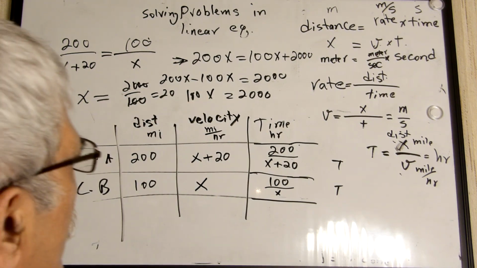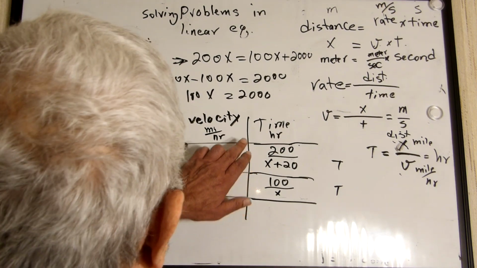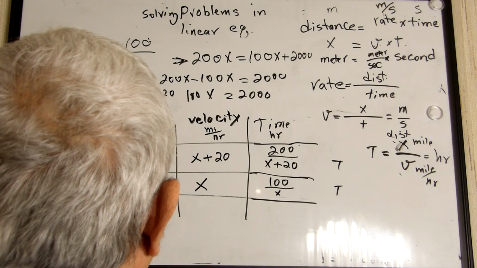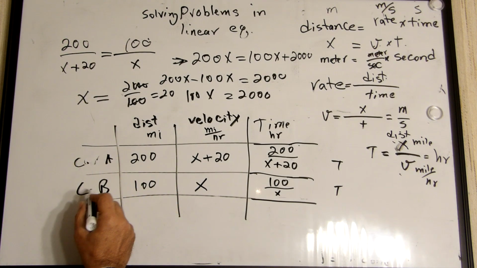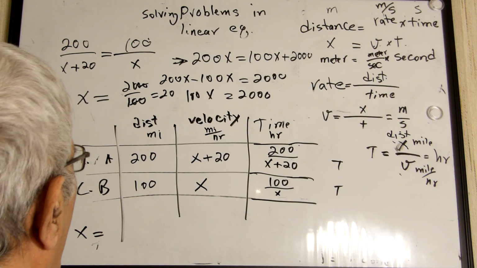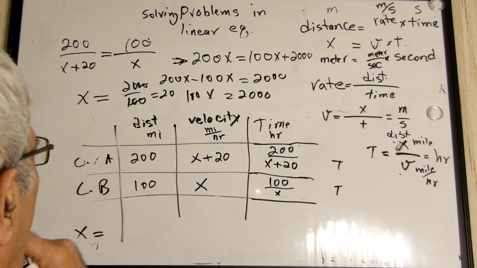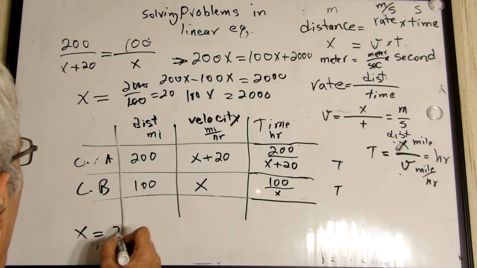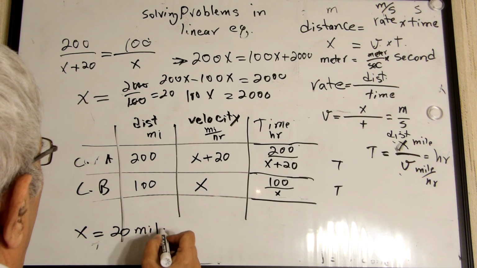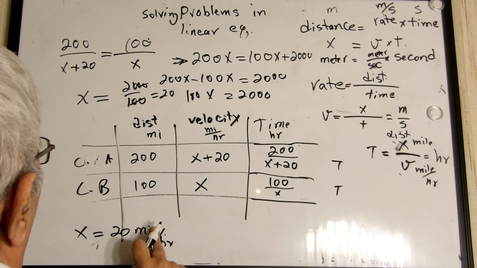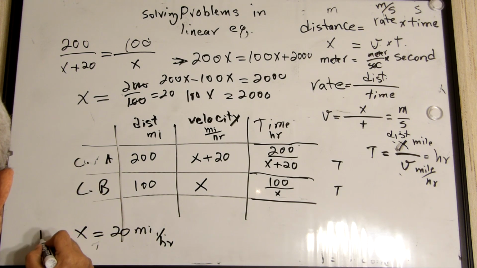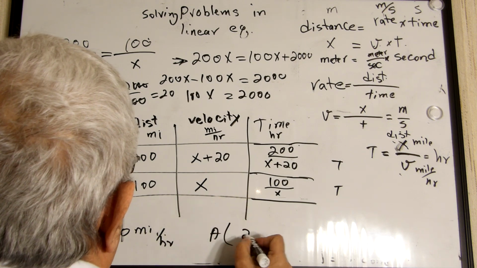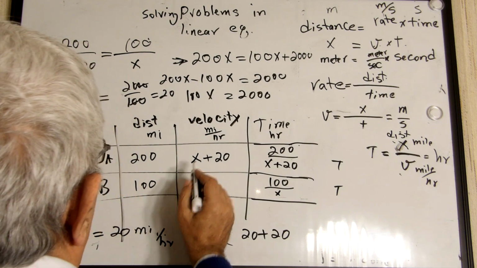So x is going to be 20 miles per hour. So car B is going 20 miles per hour, and car A is going 20 plus 20, x is 20, right?